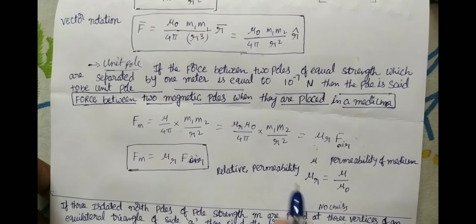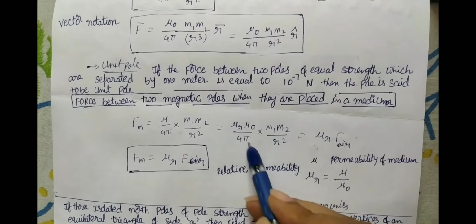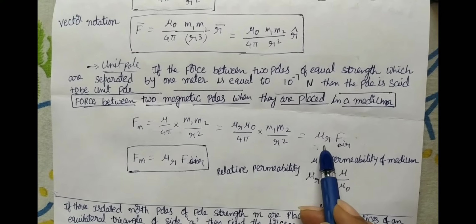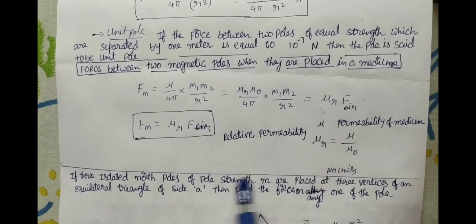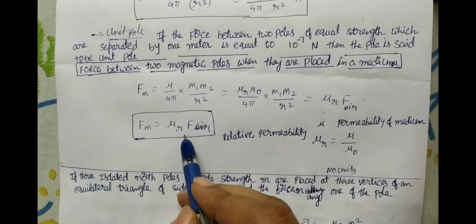We can substitute that here, and mu naught by 4 pi M1 M2 by R square is the force when two poles are placed in air or vacuum. Then we can write mu R into F air. So the relation between the force acting between the poles in a medium and in air is Fm is equal to mu R into F air.